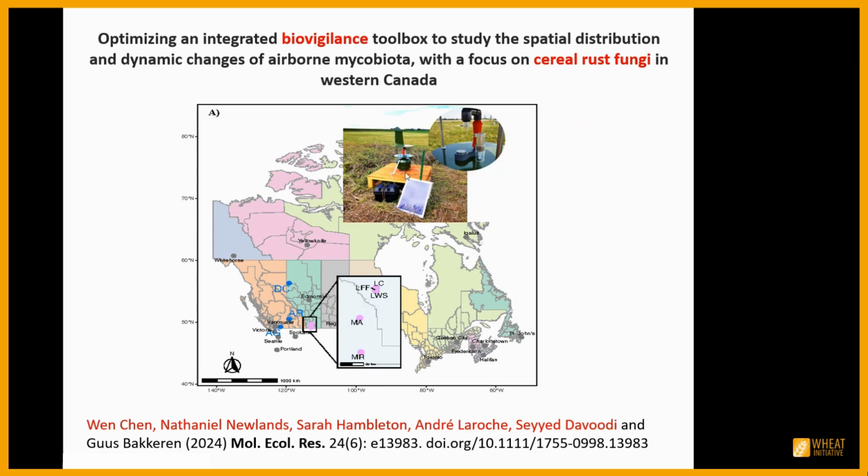These are Burkard samplers, continuous vacuum samplers that suck up whatever is in the air. At that time we were just looking at the airborne microbiota to see if we could identify those and find rust species in there.